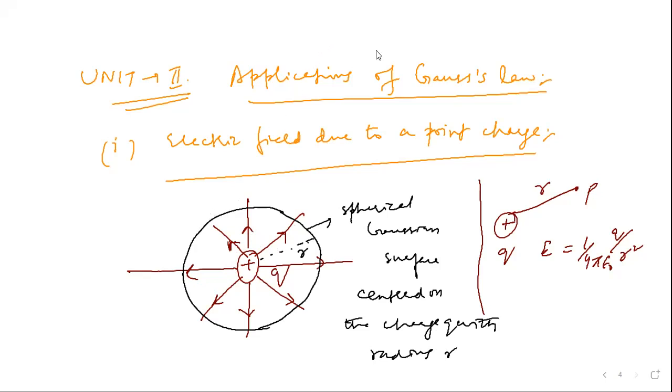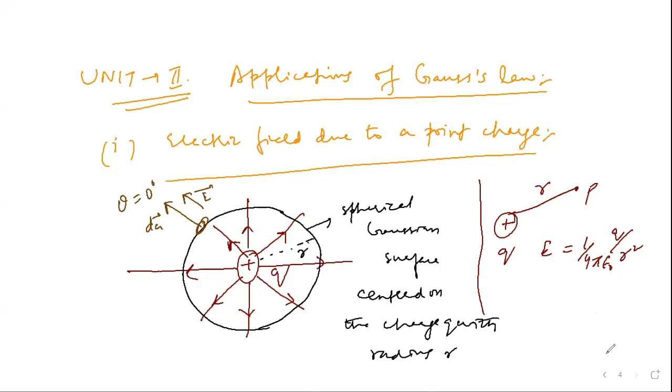I show it at one place. Here area vector will be this way, dA, and electric field is also outward. So angle theta between electric field and area vector is 0 degree. Same is true everywhere, right?